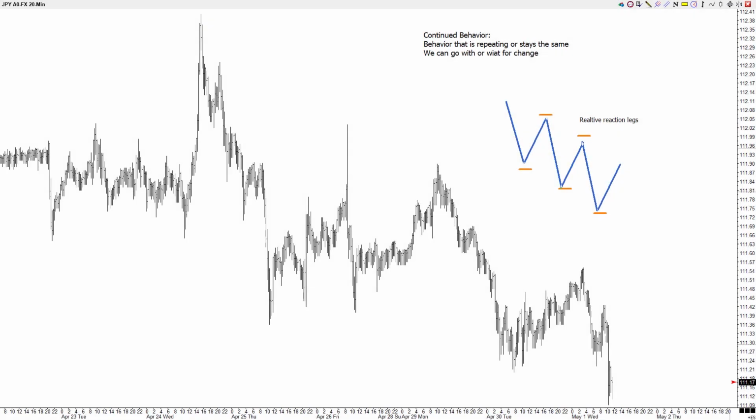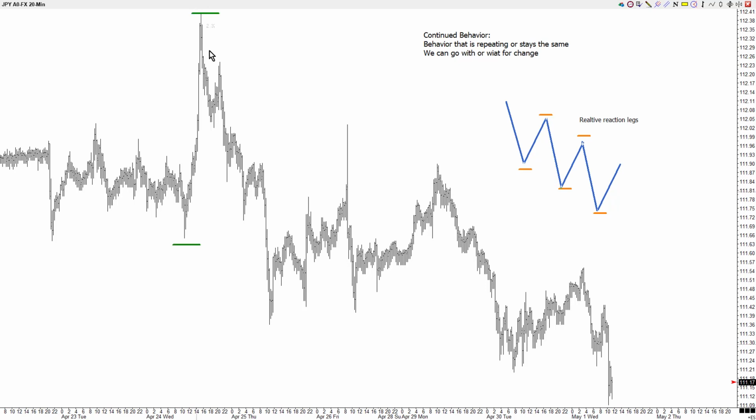Okay, we looked at change in behavior. Now we're going to look at continued behavior. I'm going to use the 20-minute yen. This is something we did in the live sessions for some time as an example here of continued behavior. Now remember, we're doing this relative to same size reaction legs to identify our continued behavior.